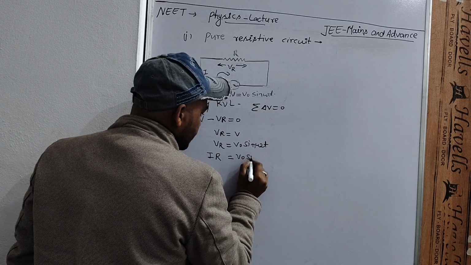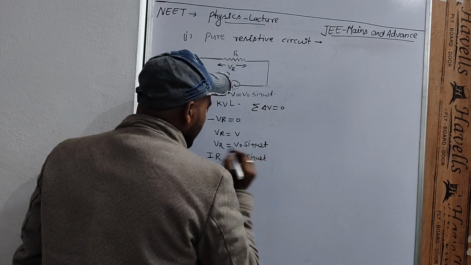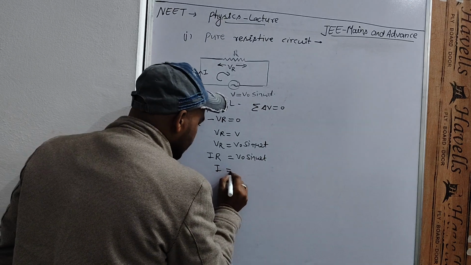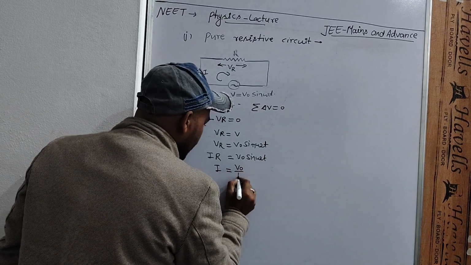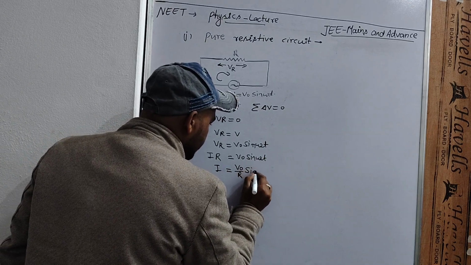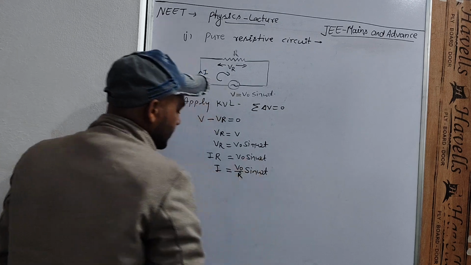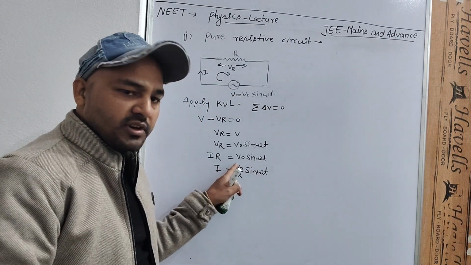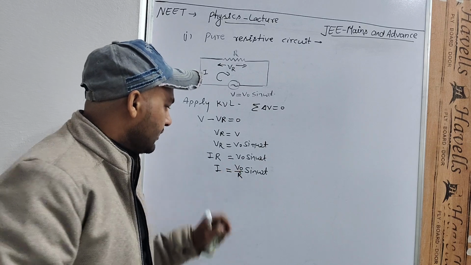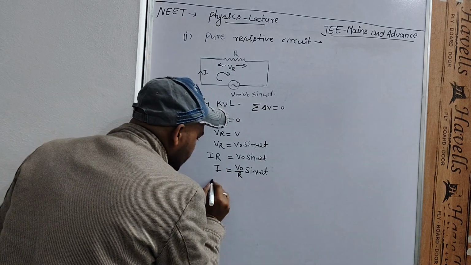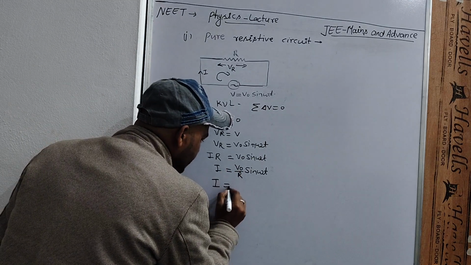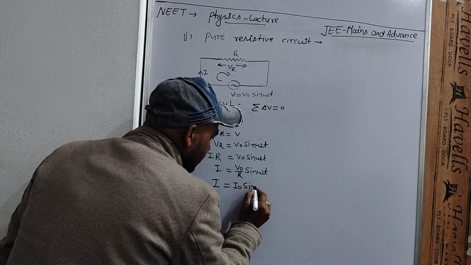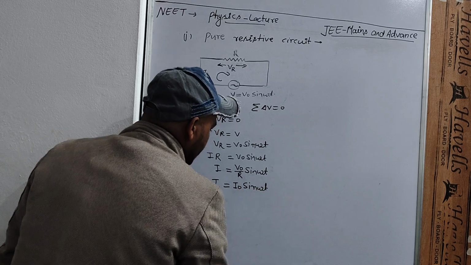So IR is equal to V naught sine omega t. Then we can find the value of I as V naught over R sine omega t. And as you know that this is the form of current, V naught over R according to Ohm's law, then we have to write it as I naught sine omega t.